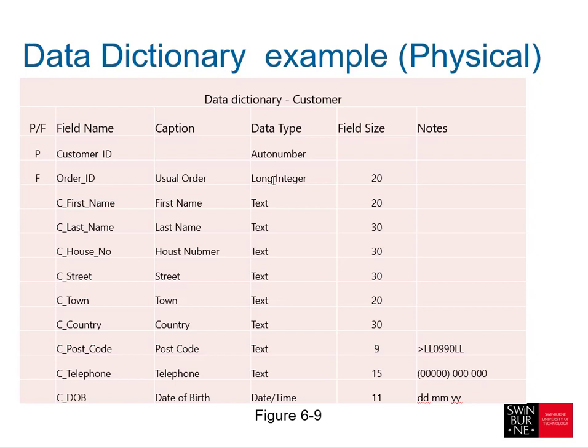It can be varchar or number or date type, and the size of each column, and some notes. That is an example of physical data store or data flow descriptions.